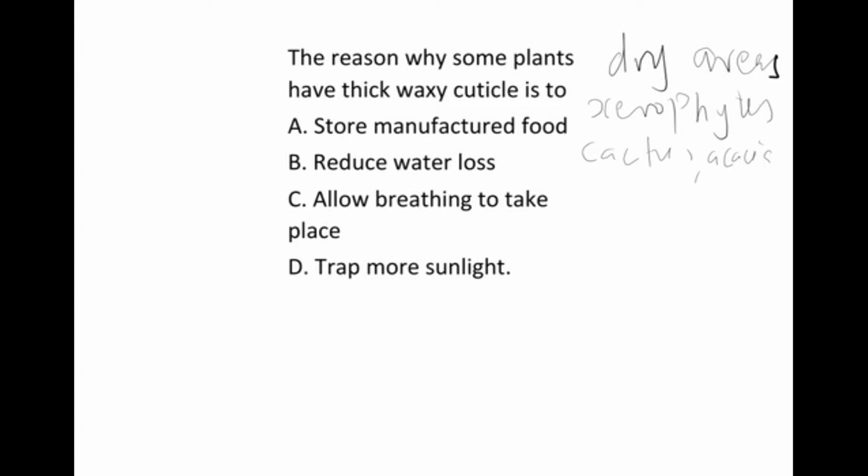For these plants to survive in dry areas, they come up with mechanisms or adaptations to reduce the amount of water loss to the atmosphere through transpiration. Such mechanisms will include a thick, waxy cuticle.